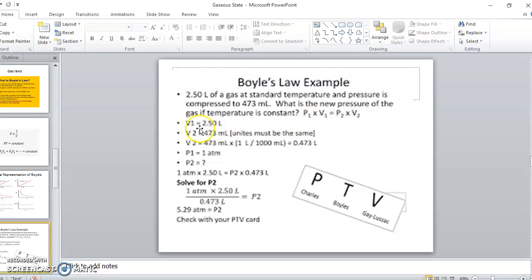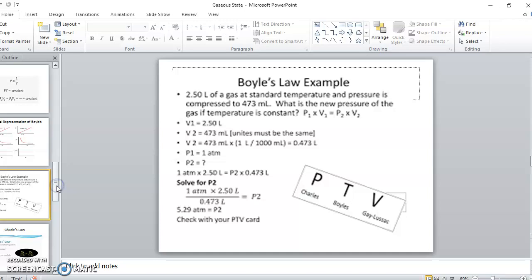V1 is 2.5 liter, V2 is 473 milliliter. One is in milliliter, the other in liter, so we'll convert the milliliter into liter by dividing by 1000. So it is 0.473 liter. P1 is 1 atm. So what is P2? We substitute all the values and solve for P2, and we get P2 as 5.29 atmospheric pressure.